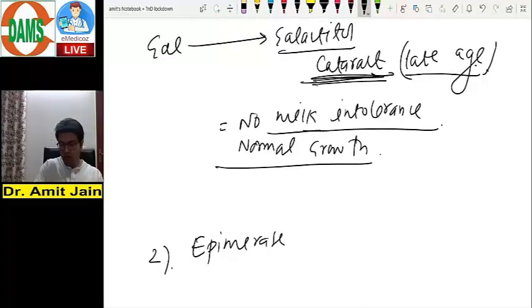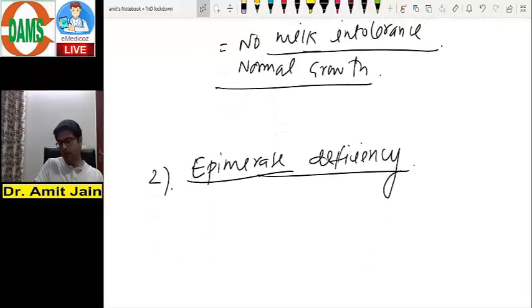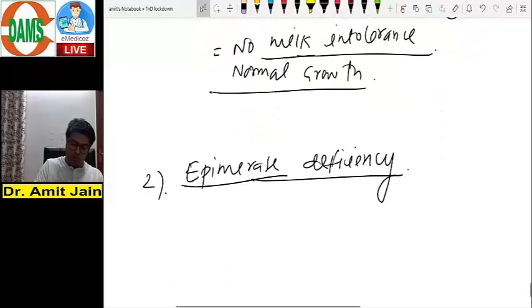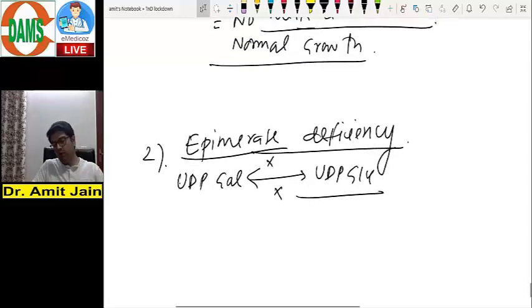Epimerase is a very important enzyme, right? Because it is converting glucose to galactose and galactose to glucose. I told you already that it is converting, suppose, UDP galactose to UDP glucose, which is a reversible reaction.